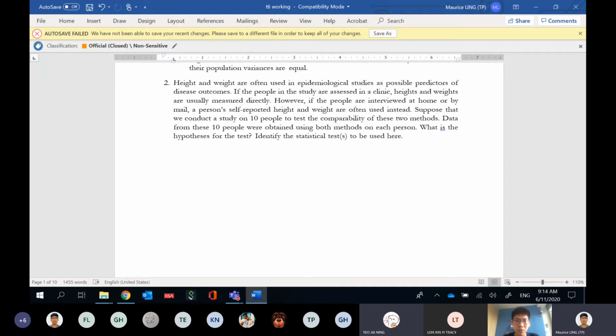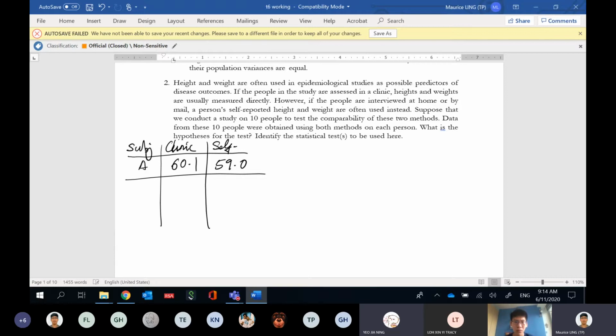Okay, because what you end up with is here you have subject, and then you have clinic reporting, and then this is self-reporting of weight, subject A. Maybe at the clinic you measure yourself as 60.1 kg, but then you think that you are 59 kg, something like this.